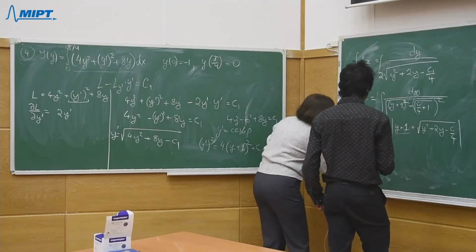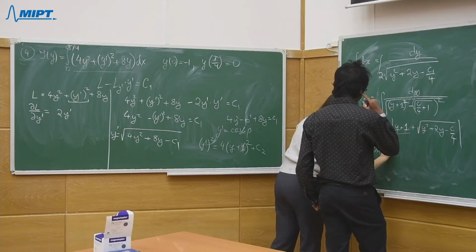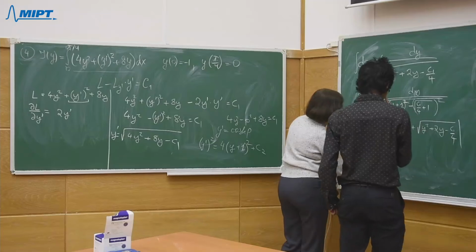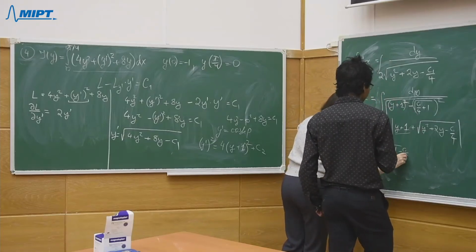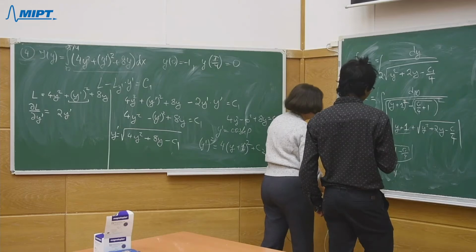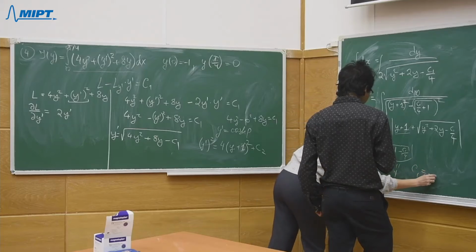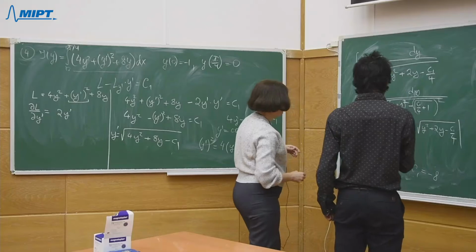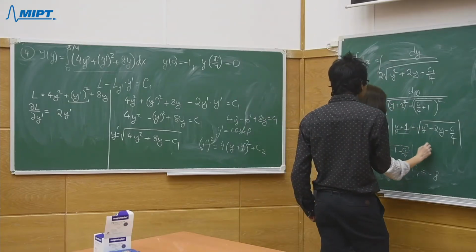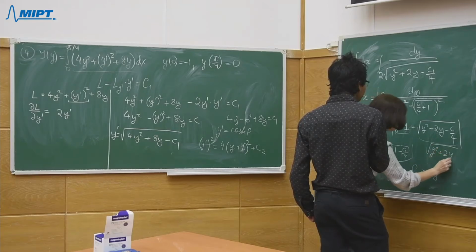So 0 equals a log, yes, so 0 and root -1 minus c1 over 4. Yes, so this must be equal to 1. And then c1 is -8, yes. And so this is the same as root of y squared plus 2y plus 1.